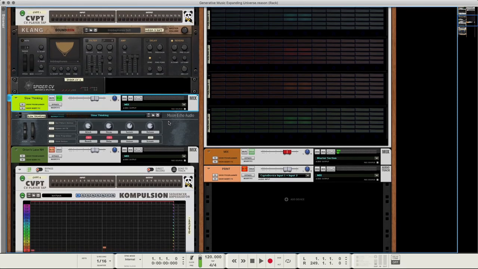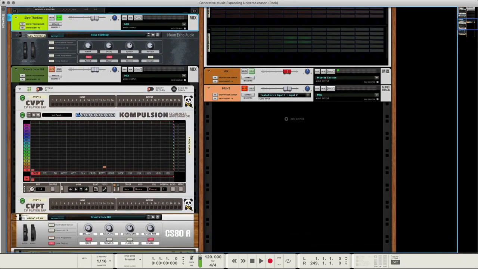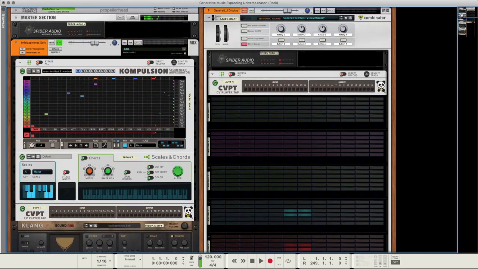Okay, you might have also noticed that down here, I also have this other thing. Basically this is working as an arpeggiator. Think of this as kind of like the master.